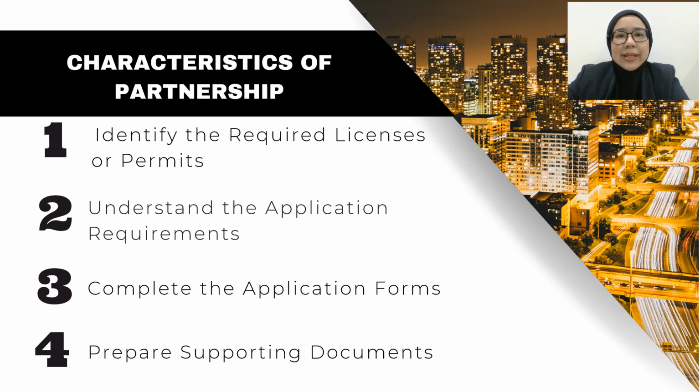Next one is to prepare supporting documents. Gather all required supporting documents such as business registration documents, identity proof, financial statements, premise details, certified permits, and any other relevant paperwork specified in the application requirements.